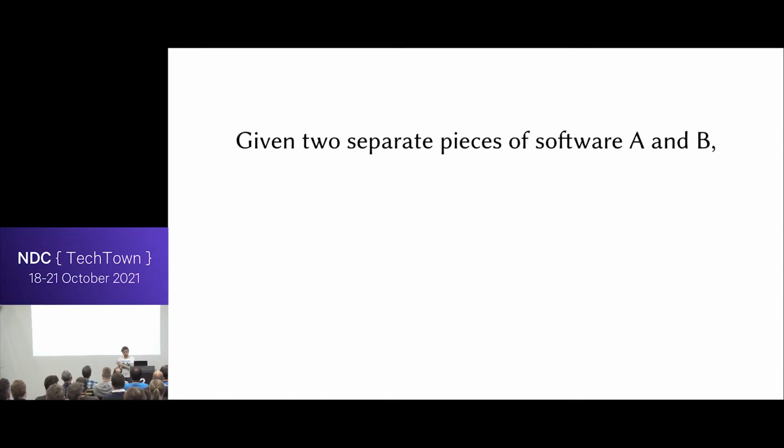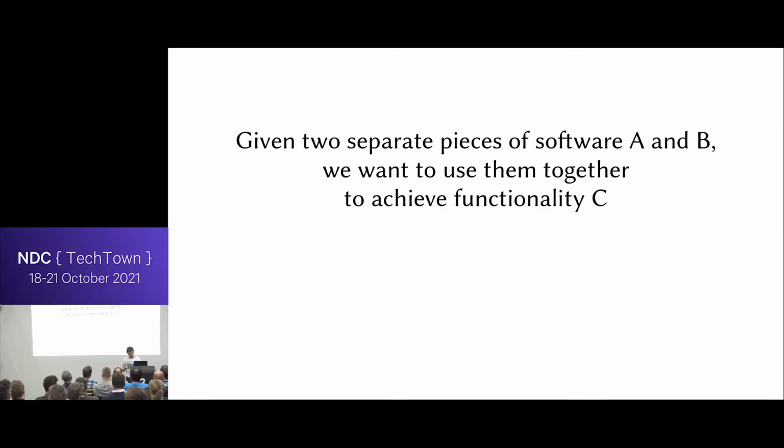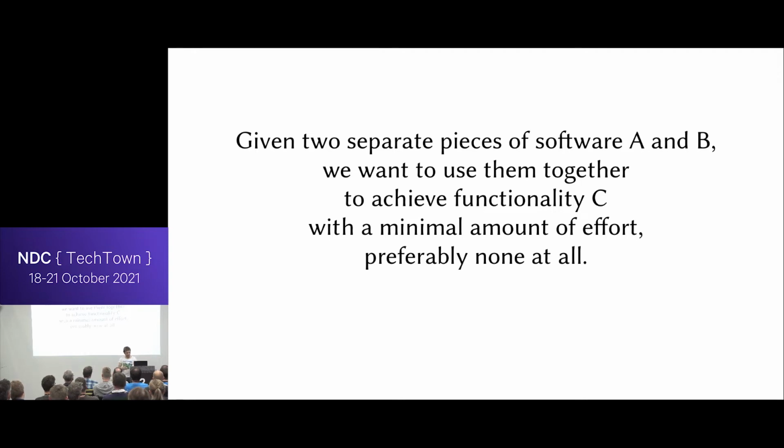Given that you have two separate pieces of software, A and B, and then we want to use those two together in some way to achieve functionality C, which combines these two with a minimal amount of effort, and preferably none at all, where you could just take them, and then you're done. And this is usually the thing that people actually want when they say that they want to do something with dependencies.